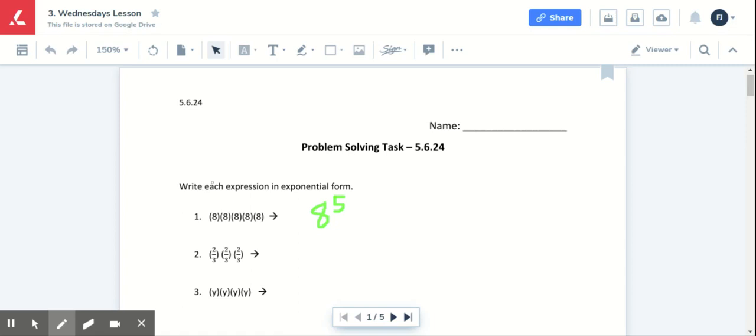Number 2. Again, what operation are we using here? Yes, we're using multiplication. How would we put this in exponential form? That's right, 2/3 to the 3rd power.